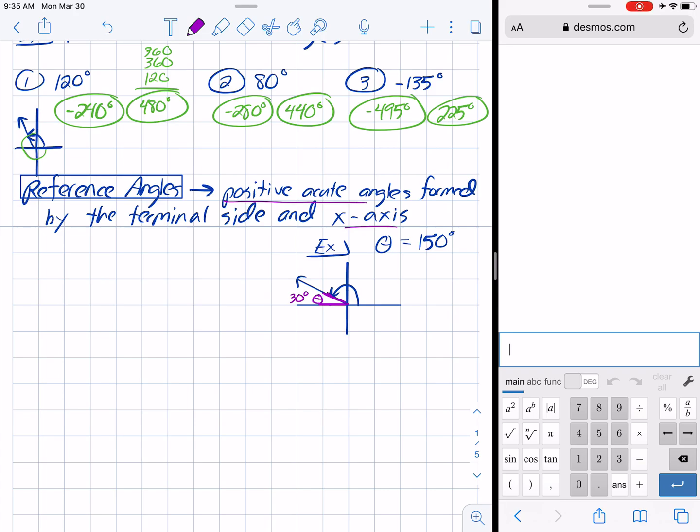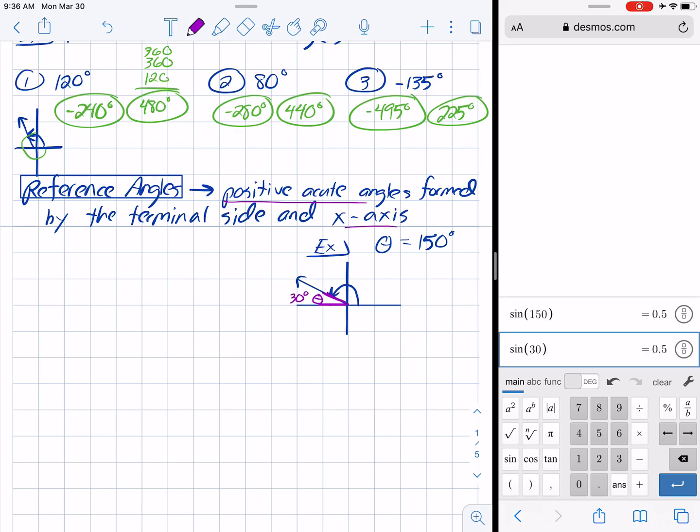And the reason we're going to be using reference angles a lot this unit is if I were to take the sine of 150 degrees, we get 0.5. Well, reference angles are nice because you could also just take the sine of the reference angle for 150, which is 30 like we found, and what do you notice?